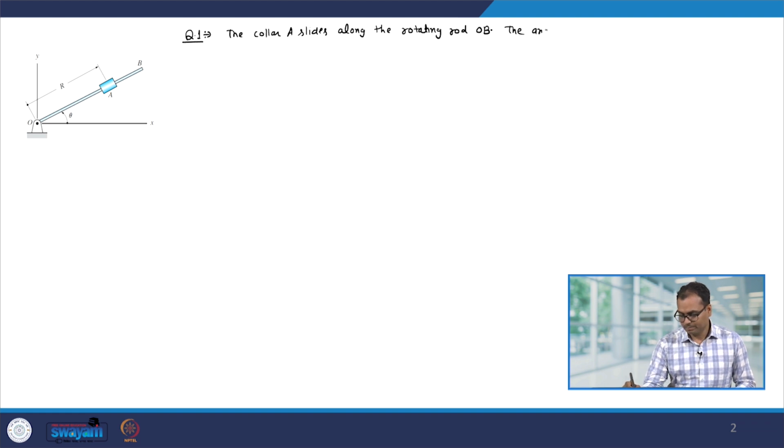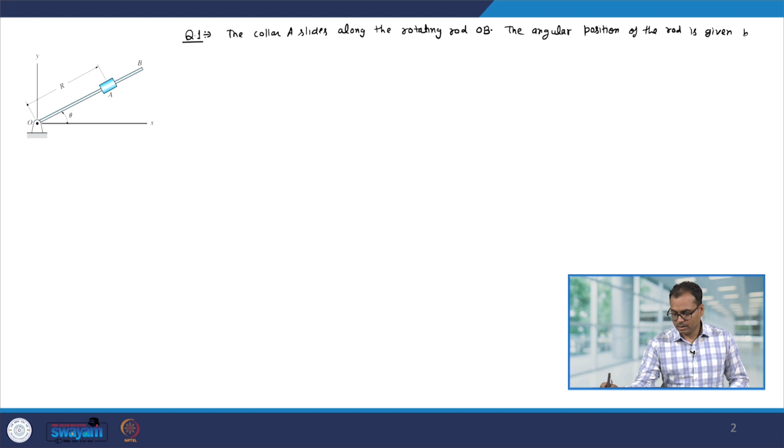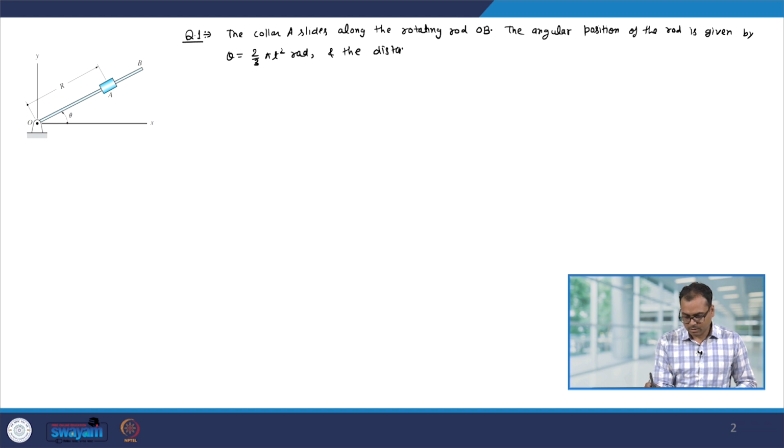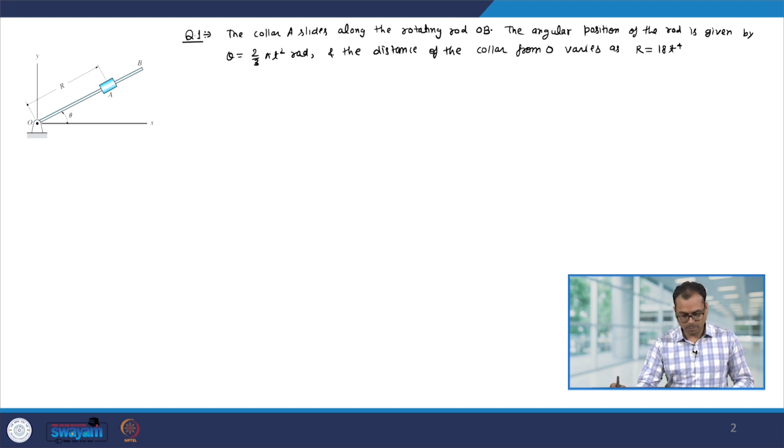The angular position of the rod is given by theta equal to 2/3 pi t square radian, and the distance of the collar from O varies as r equal to 18 t to the power 4 plus 4 meter, where time t is measured in seconds.